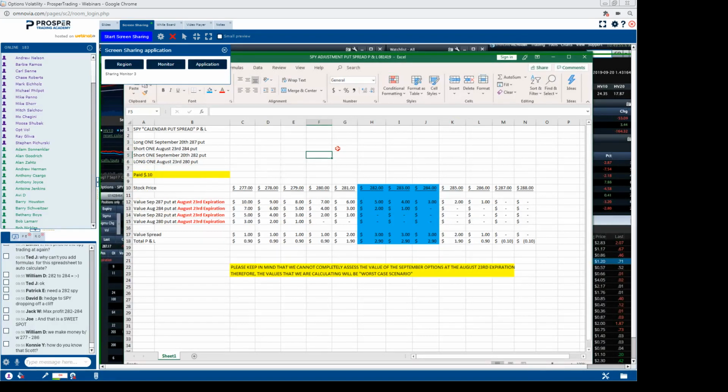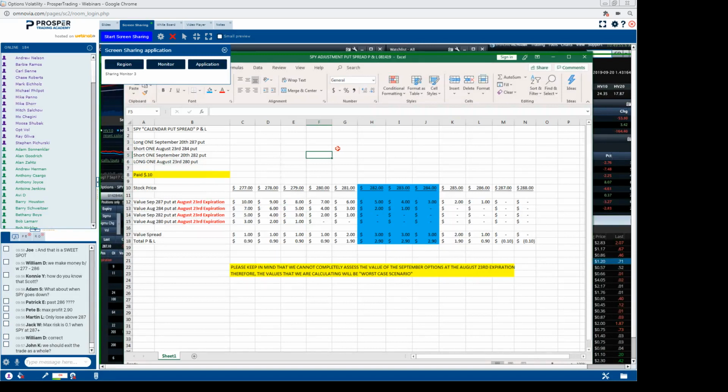Well, William, if I extended this down to, let's say, even 250, it would still be the same 90-cent profit. Does everybody understand why? And I can add a column to do that. But does everybody understand why? Let's say SPY went down to 250.